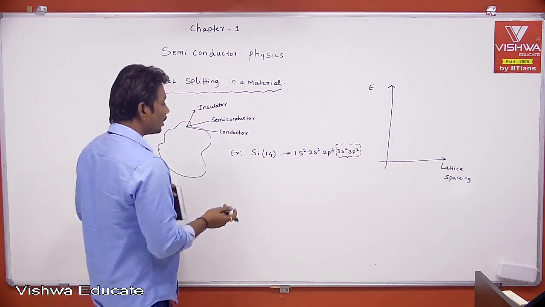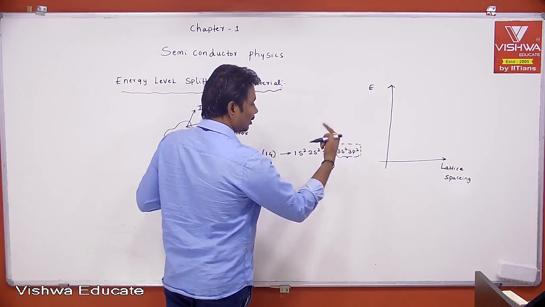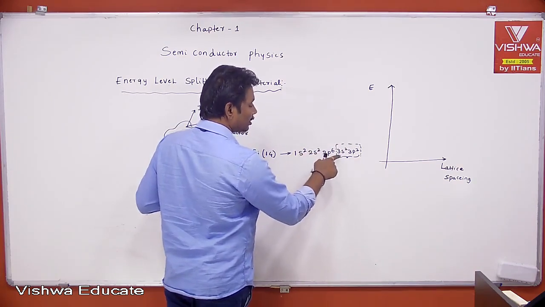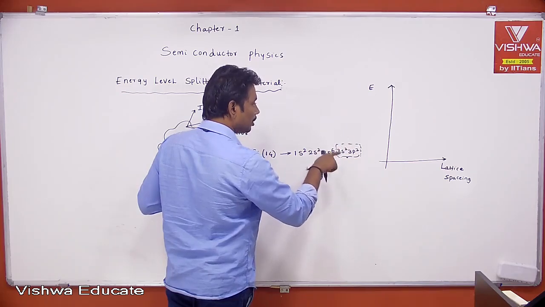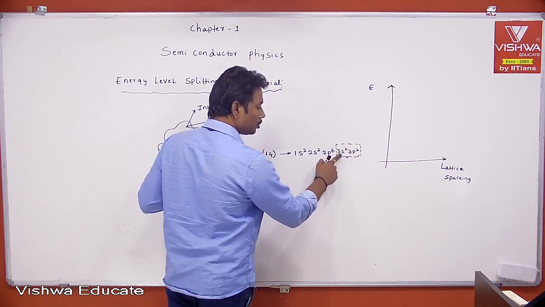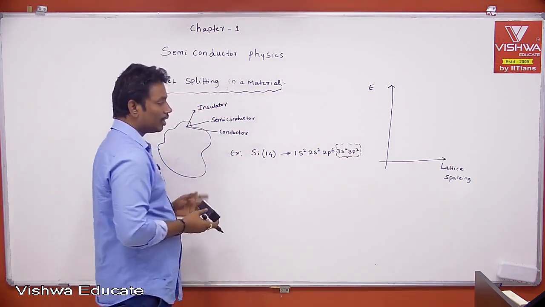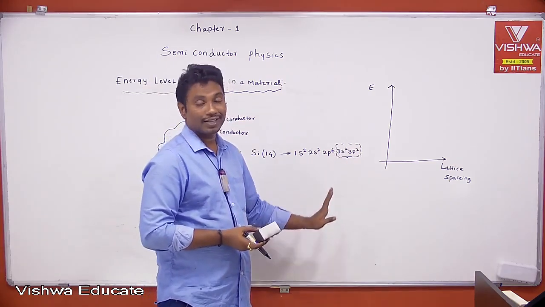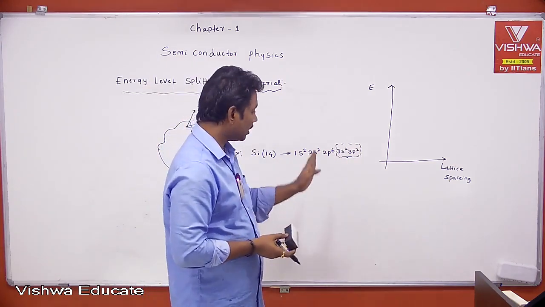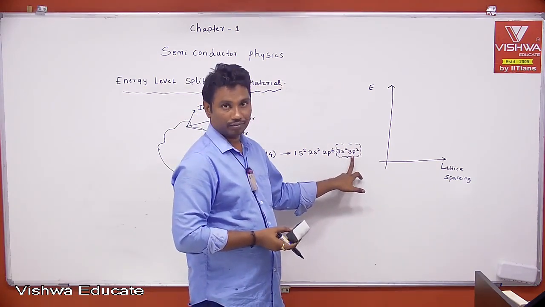And the electrons in the 3s orbital, because I already told you the electrical characteristics depend on 3s2 and 3p2, right? So the energy band diagram also can be drawn based on the outermost orbitals. Here the electrons in the 3s orbital can have the same energy, and electrons in the 3p orbital can have the same energy.